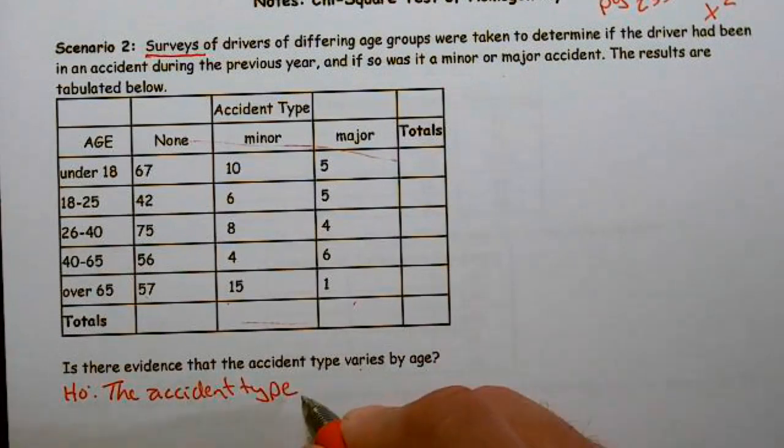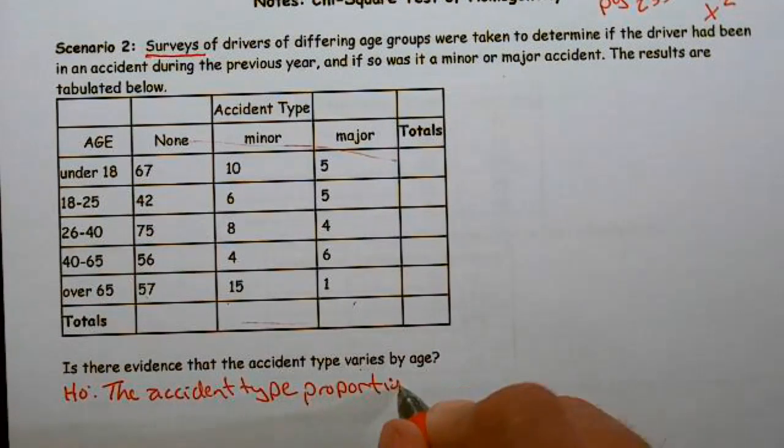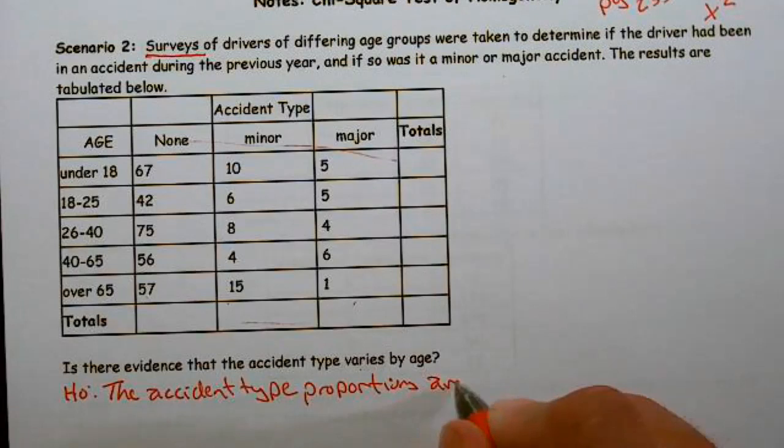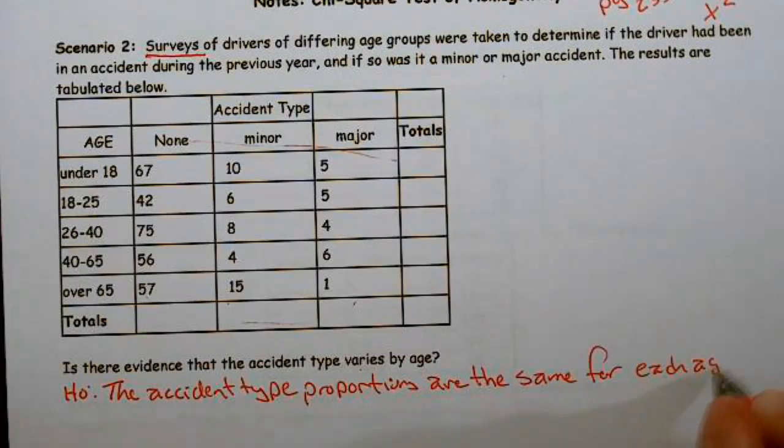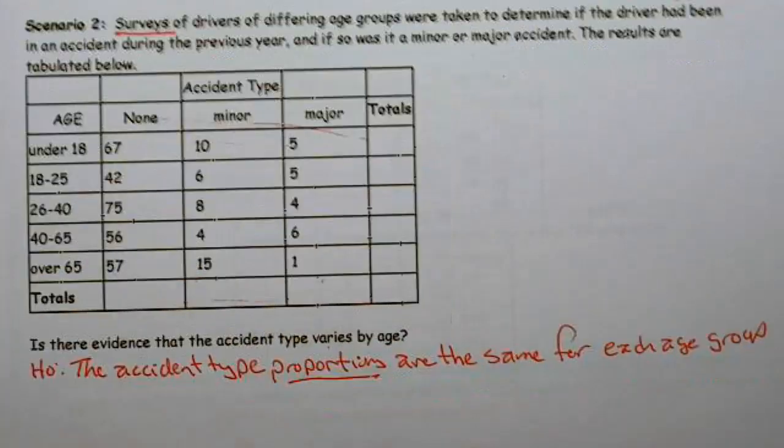The accident type proportions are the same for each age group. And you want to work the word proportion into a homogeneity test.